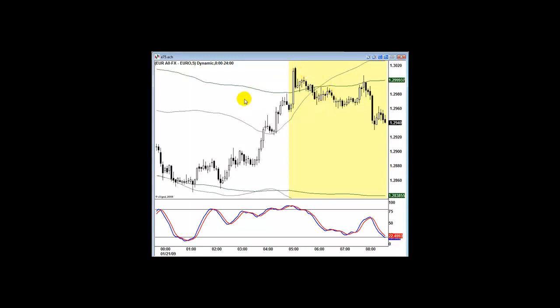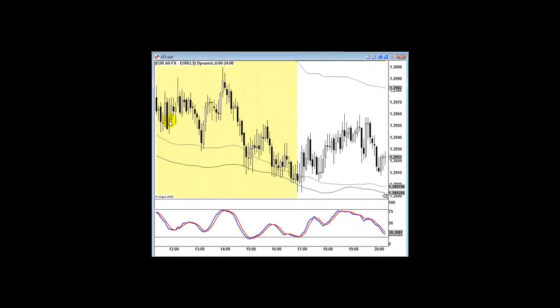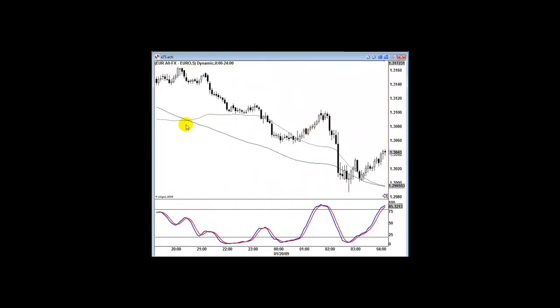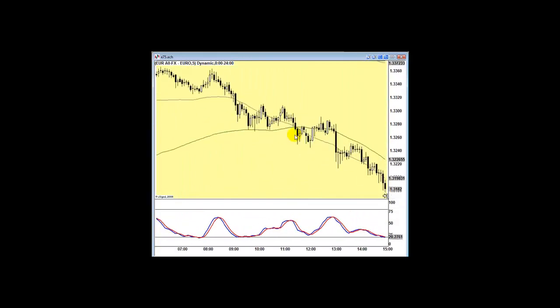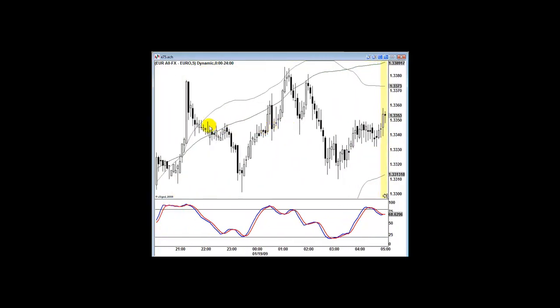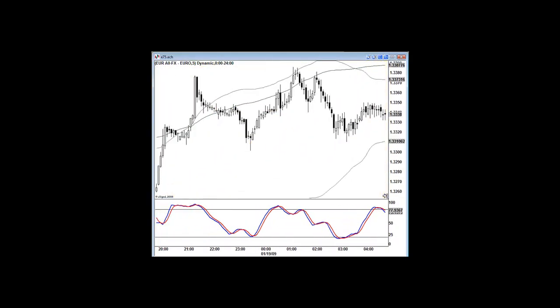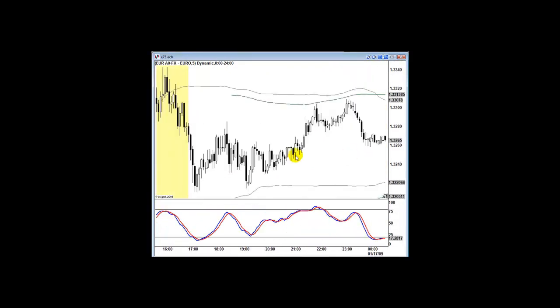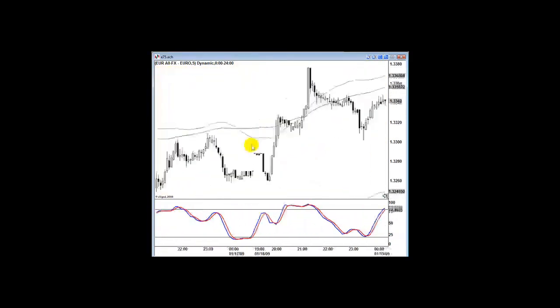Alright, so here we have, let's go back a few days, and I'm going to go back to the beginning of this week, the 19th. Let's just check the date. I think that's Monday, that's correct. Yep, 17th, 19th.